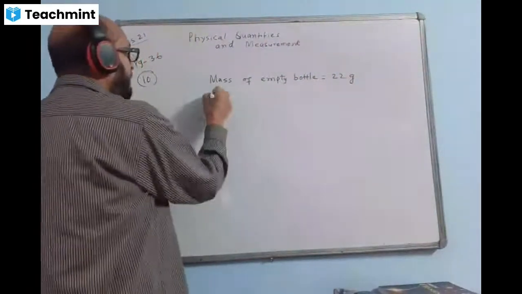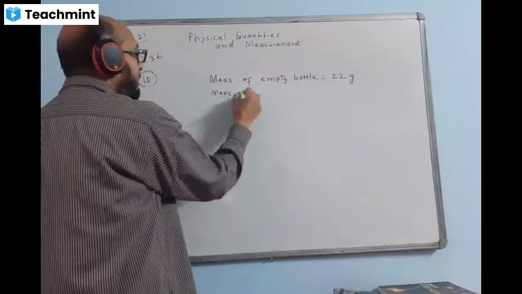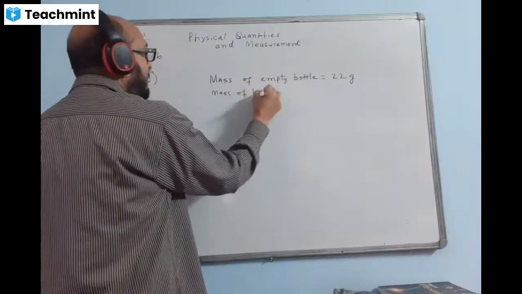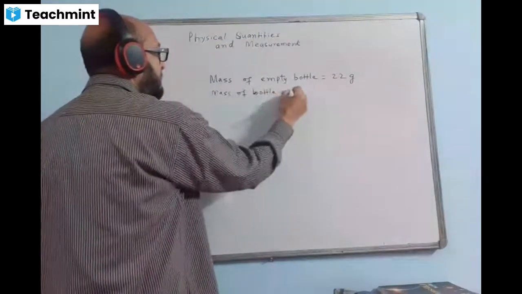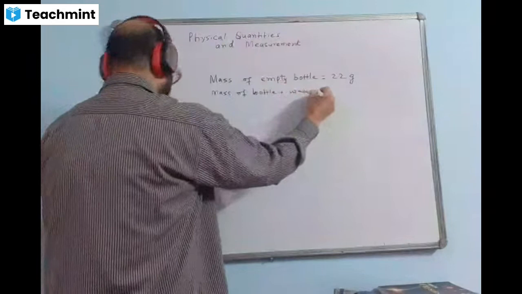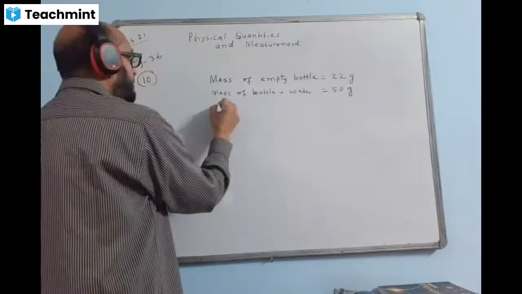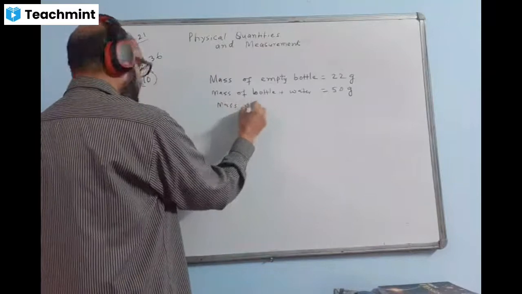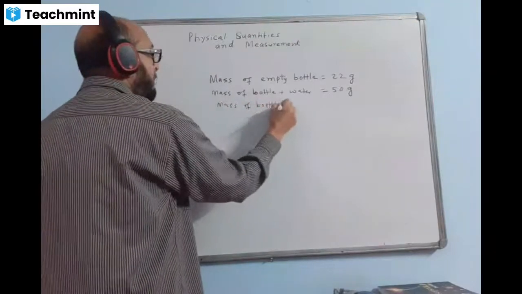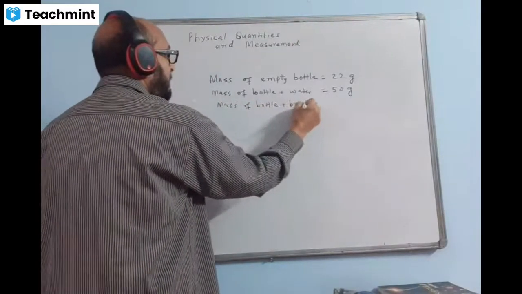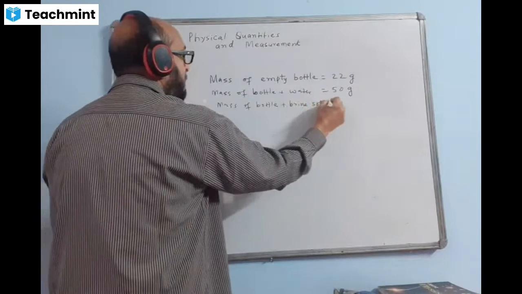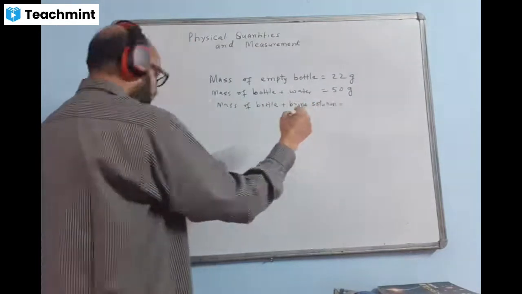Mass of bottle plus water given 50 grams. Mass of bottle plus brine solution equal to given 54 grams.